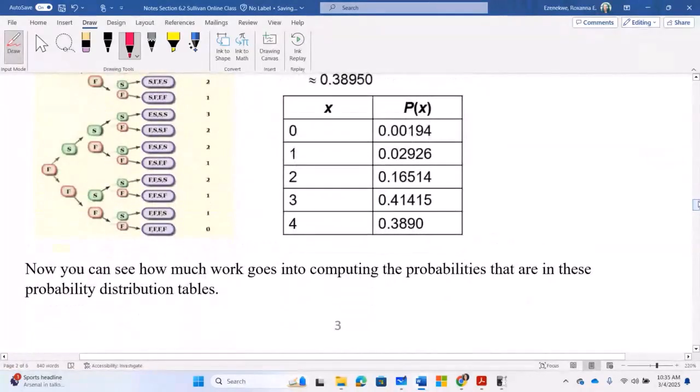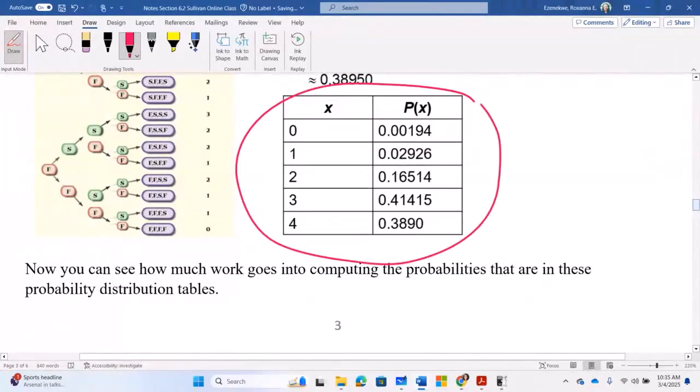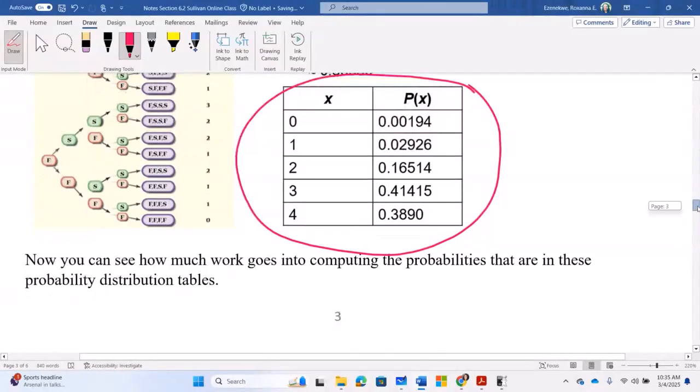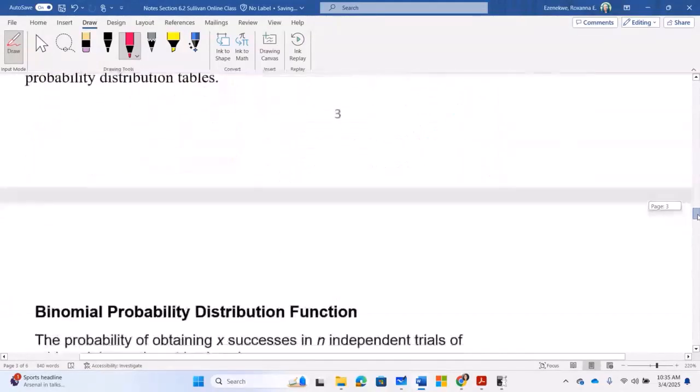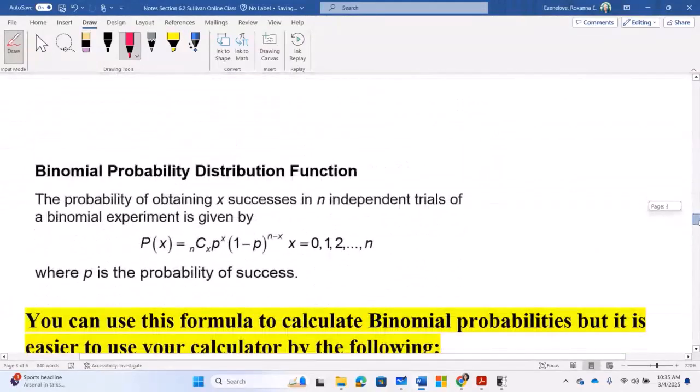So we can be given a binomial distribution. And in this one, now you can see how much work goes into computing the probabilities that are in this distribution. Given this table, you can be told to find the mean, find the standard deviation.